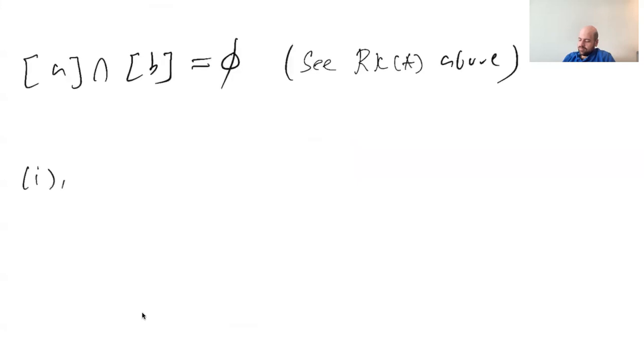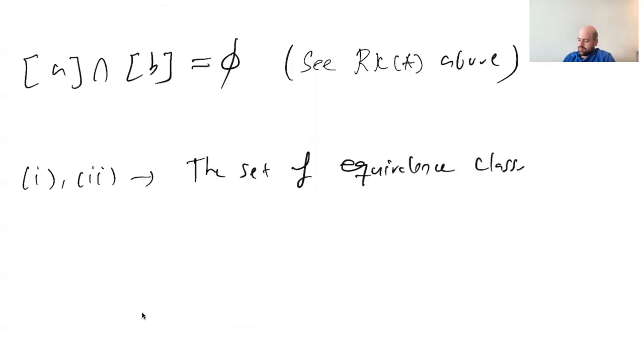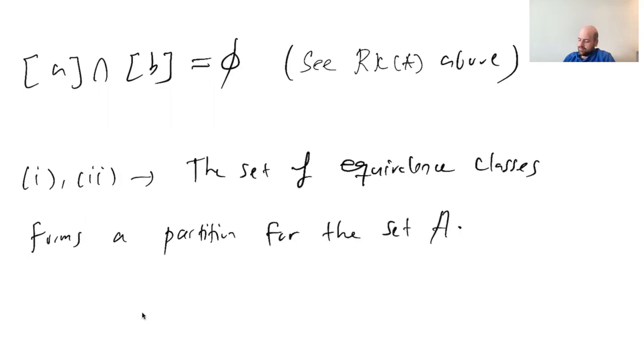So these two together, 1 and 2, imply that the set of equivalence classes forms a partition for the set A.